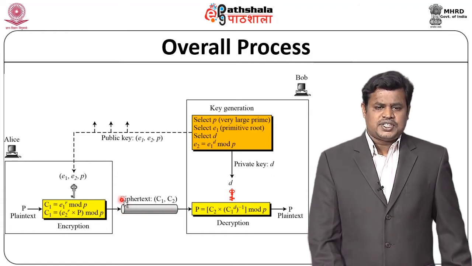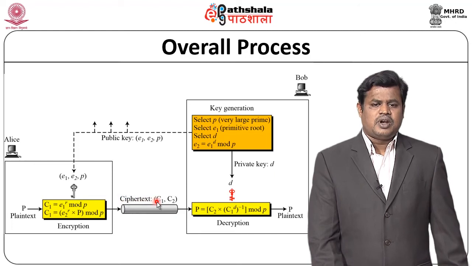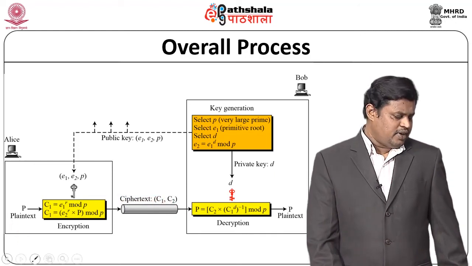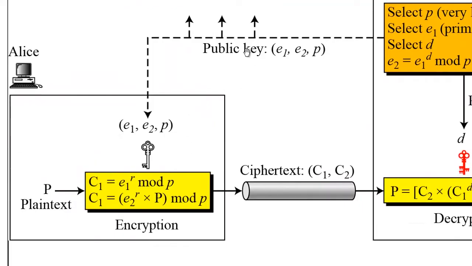As we can see, there are 2 ciphertexts, C1 and C2. Here you can see that the public information shared between Alice and Bob is E1, E2 and P. This is the public key shared between Alice and Bob.